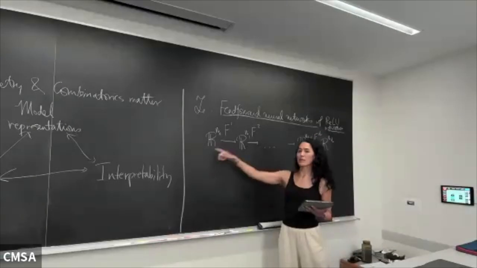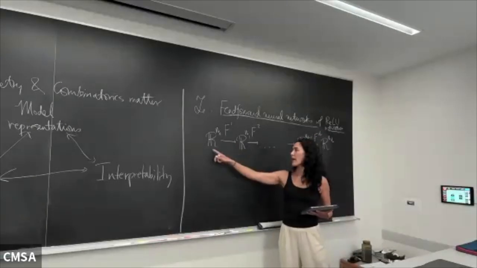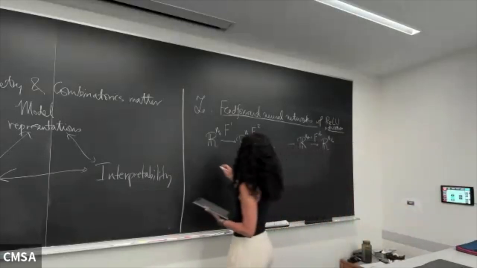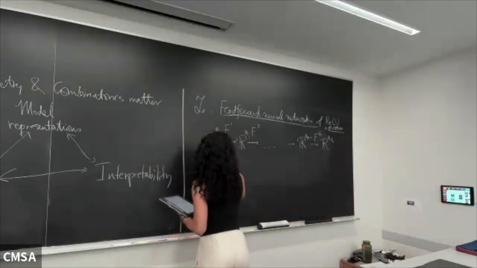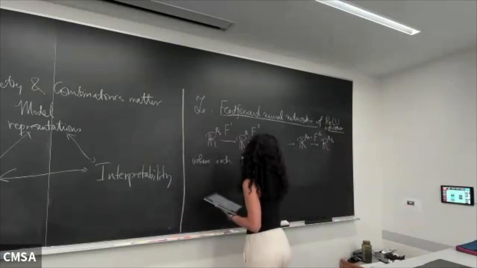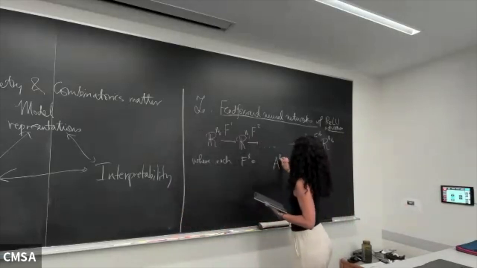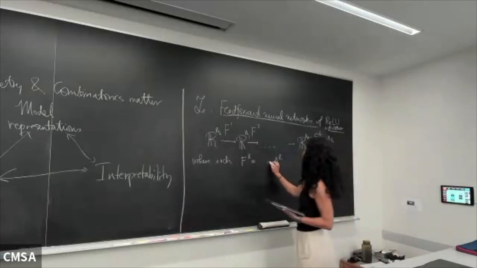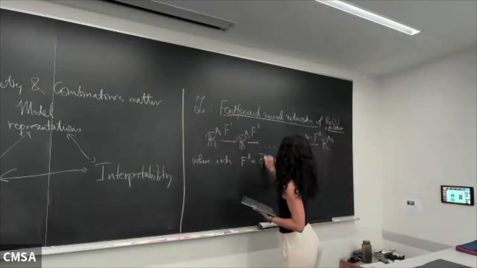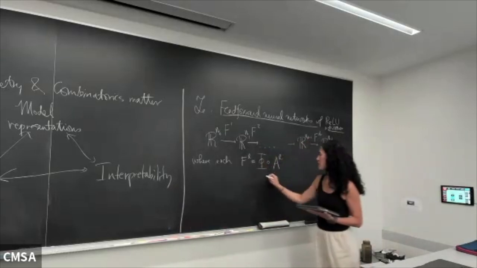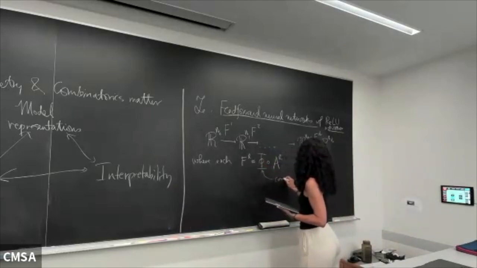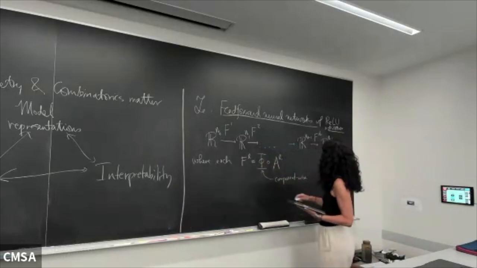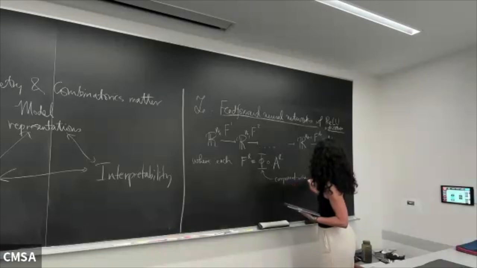Each of these maps is called a neural network layer map, and it's these layer maps that are easy to describe. For each f_L, it's just an affine linear map, so a linear transformation plus a shift, composed with a component-wise application of an activation function.